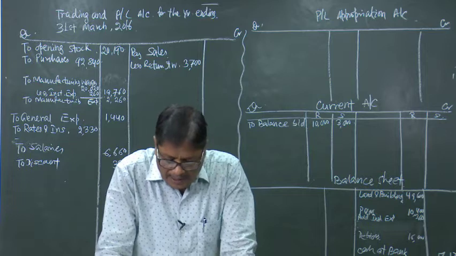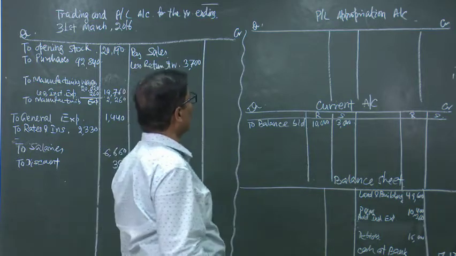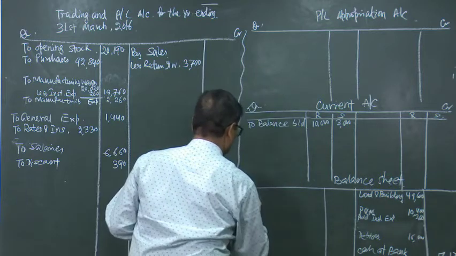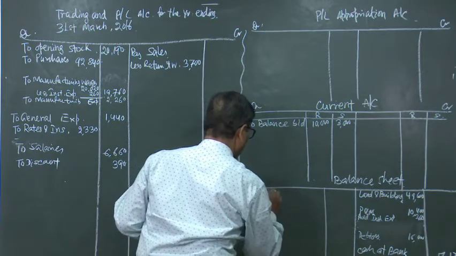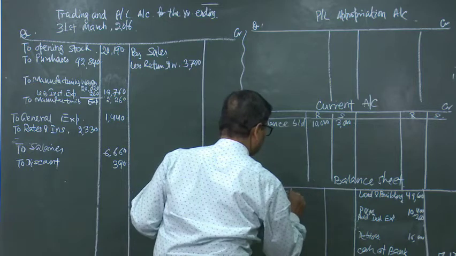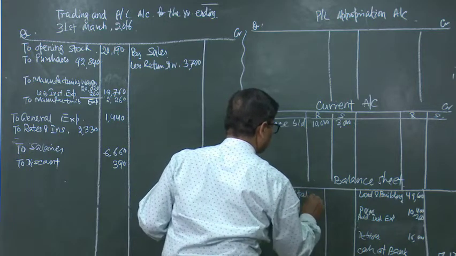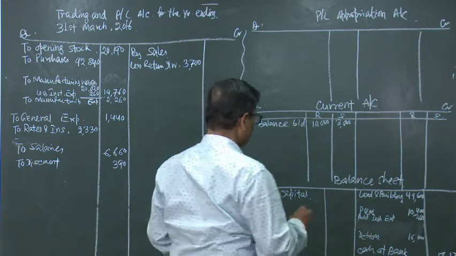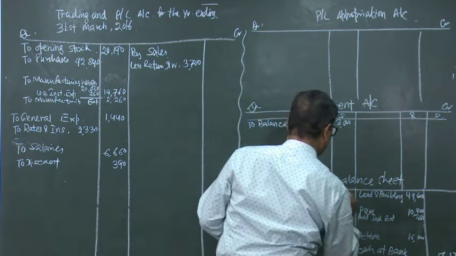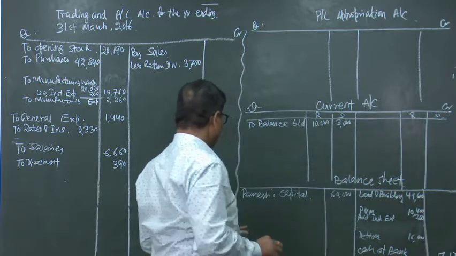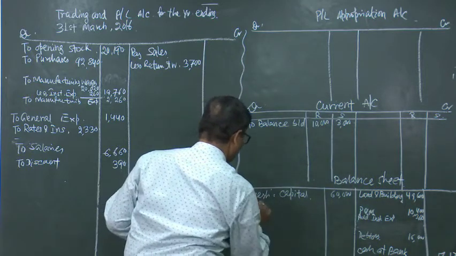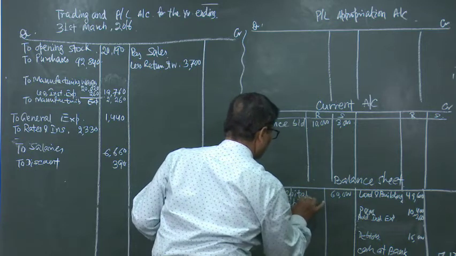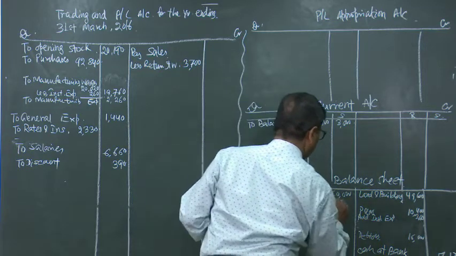Ramesh capital 60,000. So, we can write in the balance sheet Ramesh capital 60,000 and Sundar's capital 20,000.